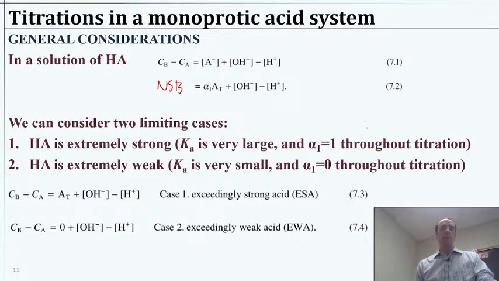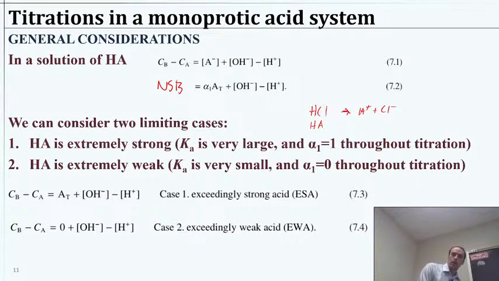So again, if we had HCl as our HA, across all ranges of pH, HCl in water is going to be just Cl minus, and the H plus is gone, right? So that's an extremely strong acid. That would be an example for case one.